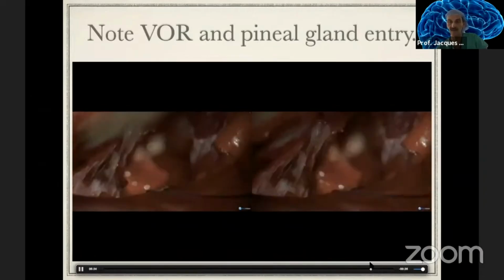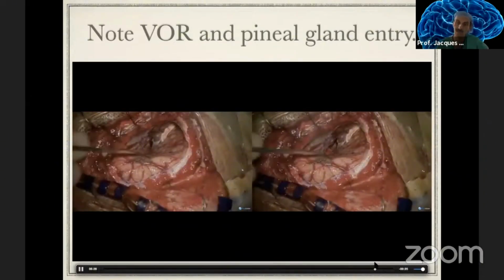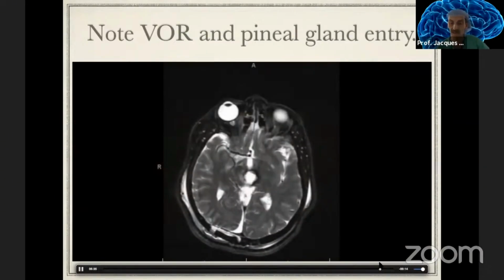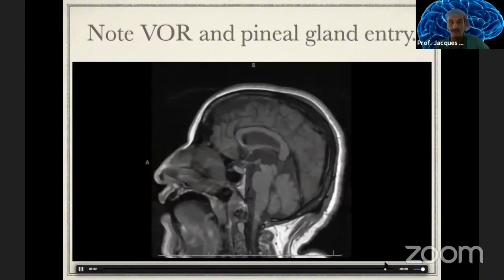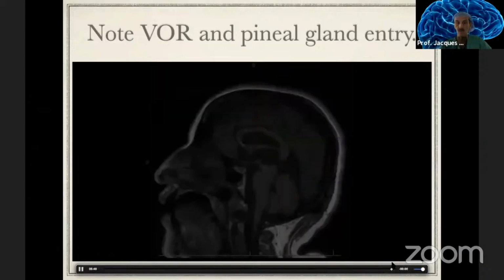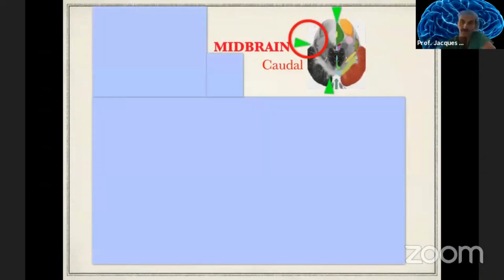And then I resected the cavernoma. The view was excellent. You can see the brain is in good shape. And here is a gross total resection at the end. Patient did beautifully. So I want to remind you the pineal gland can be a site of entry.